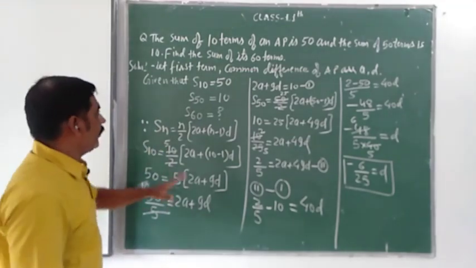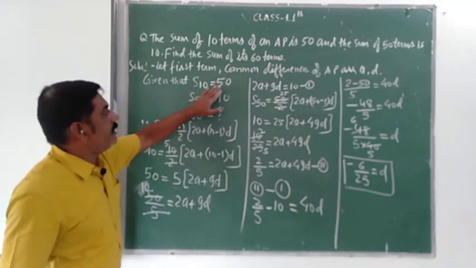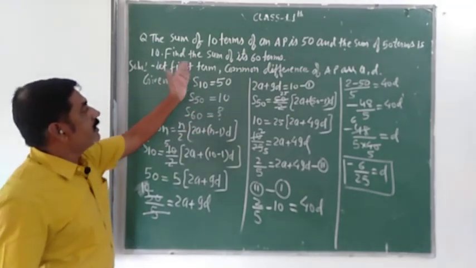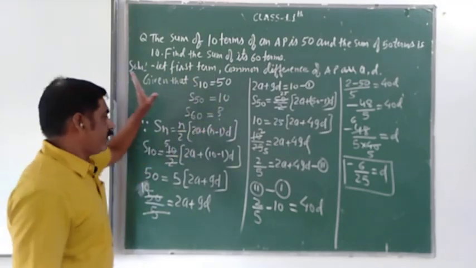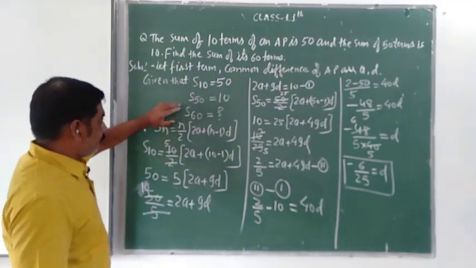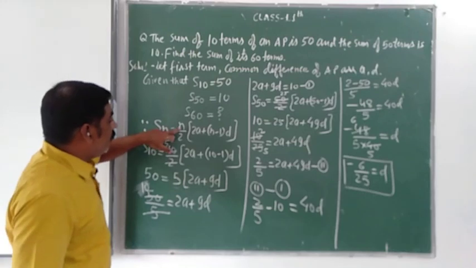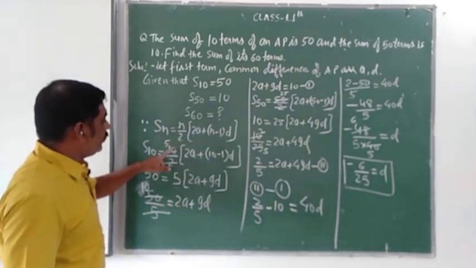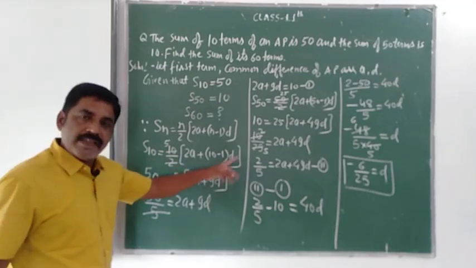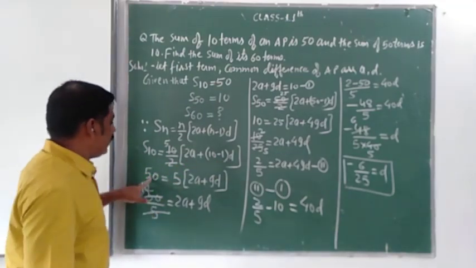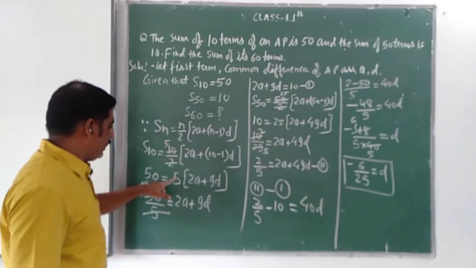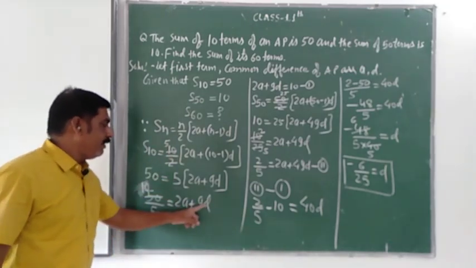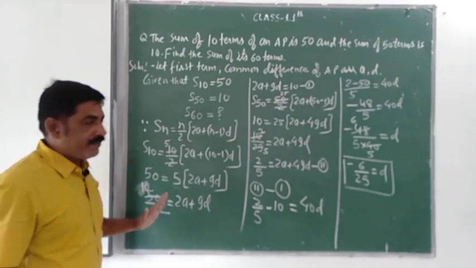First of all, see again. What we have given: S10 is equal to 50, S50 is equal to 10, and what we have to find? Sum of its 60 terms. Clear? So Sn is equal to n by 2, 2a plus (n minus 1) into d. S10 is equal to 10 by 2, 2a plus (10 minus 1) into d. The value of S10 is 50, so we got 2a plus 9d is equal to 10.